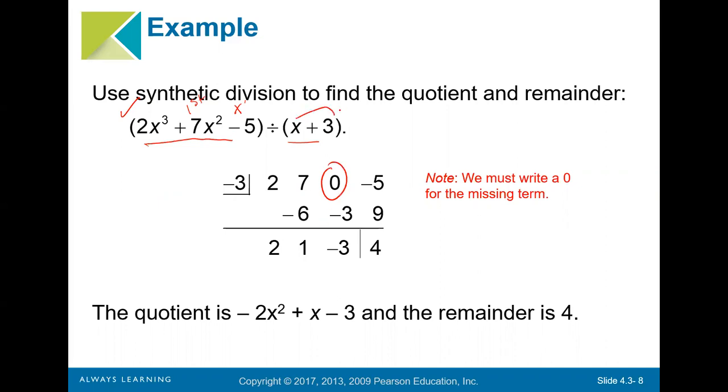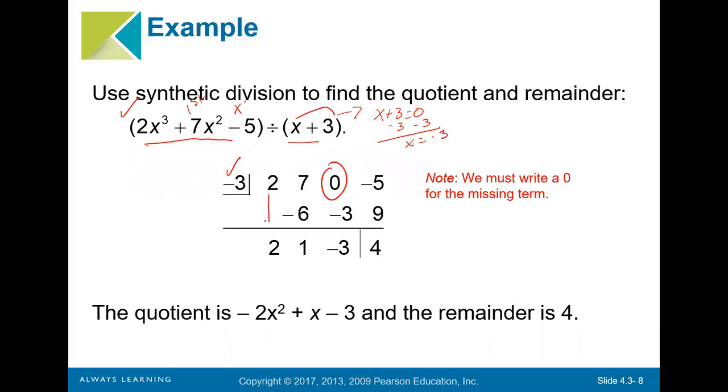Two, we take our denominator, our divisor, and we say, okay, x plus 3 equals what? 0. Let's solve for it. And that's where they came up with this -3 right here inside this backwards L.